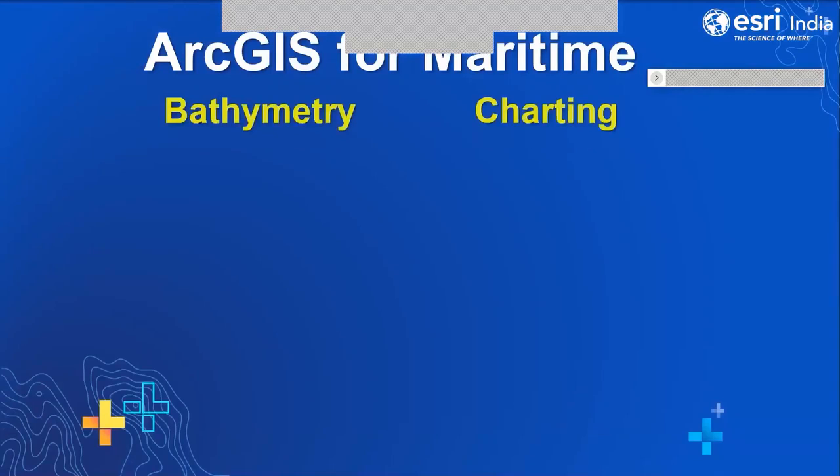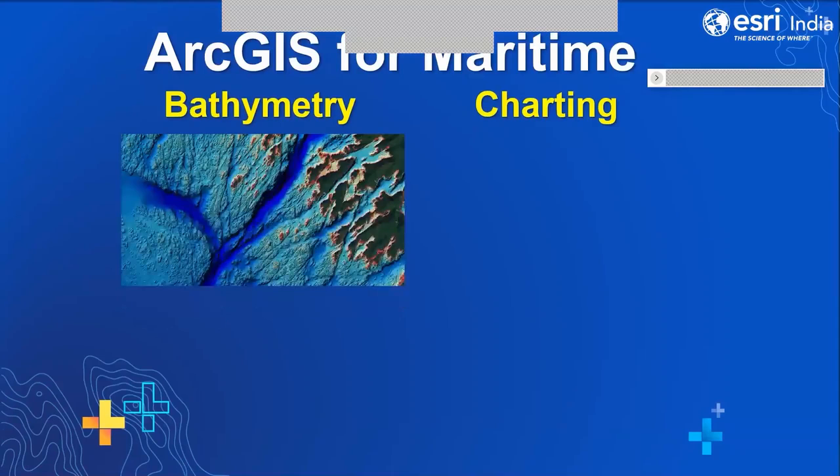We have two different modules: ArcGIS for Maritime Bathymetry and ArcGIS for Maritime Charting. These two modules are used for different purposes, but the final output is used by the maritime sector. Bathymetry deals with the underwater surface and studies the depth of the water.